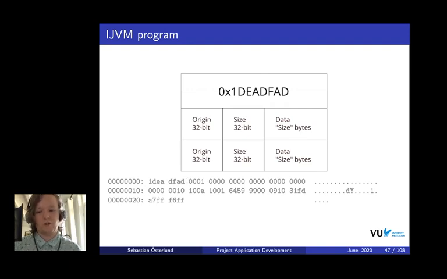So the first thing your IJVM implementation should do when you load a binary is check that this magic value here is correct, that it's 1 dead fad. Suppose you give it some other input file, like a JPEG or whatever. It should just not start executing, because a JPEG is not going to be a valid IJVM program.